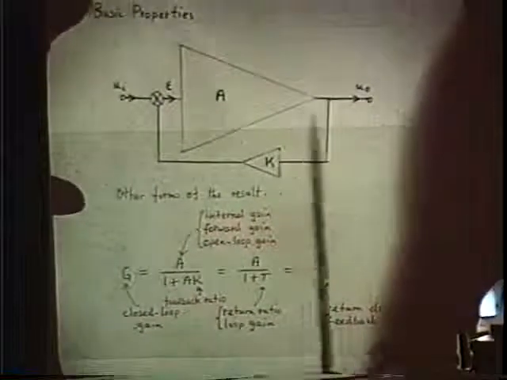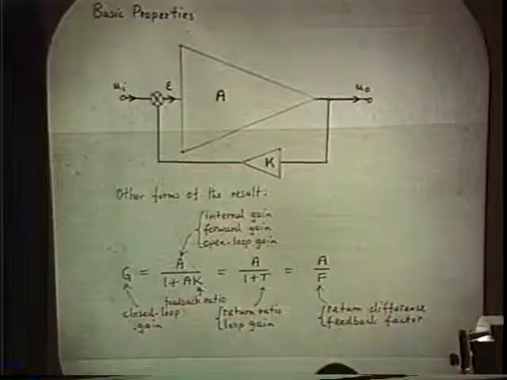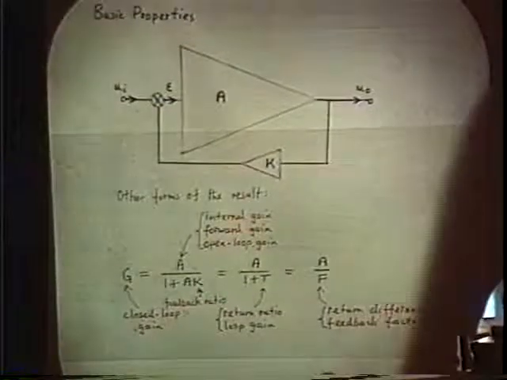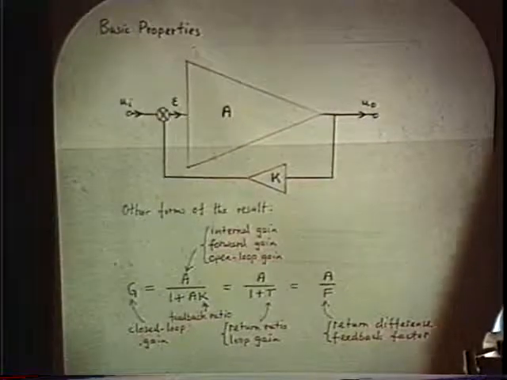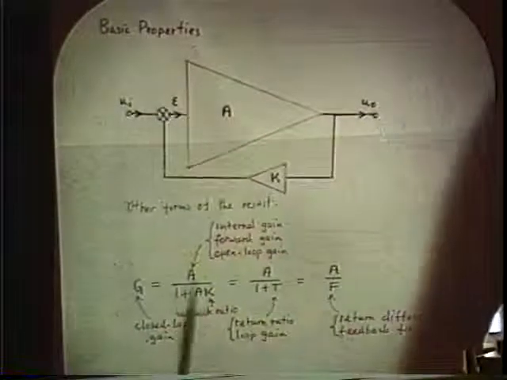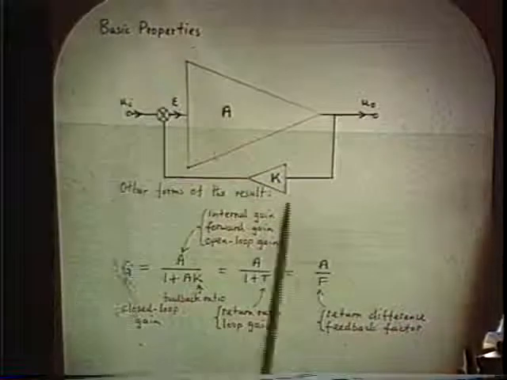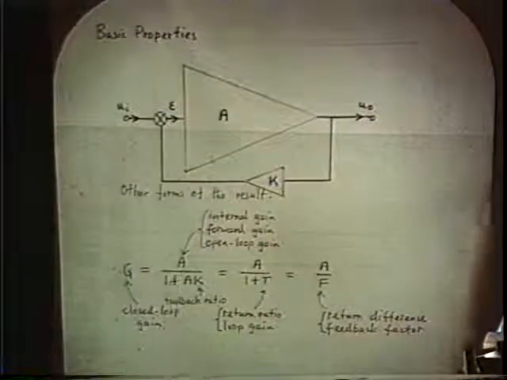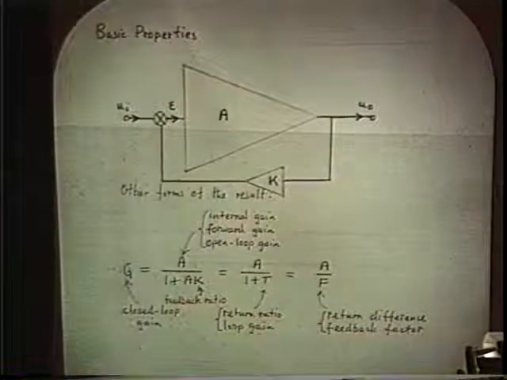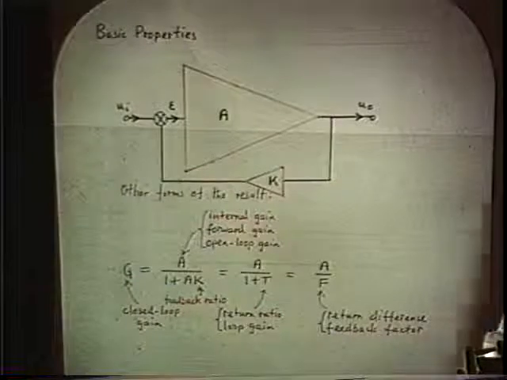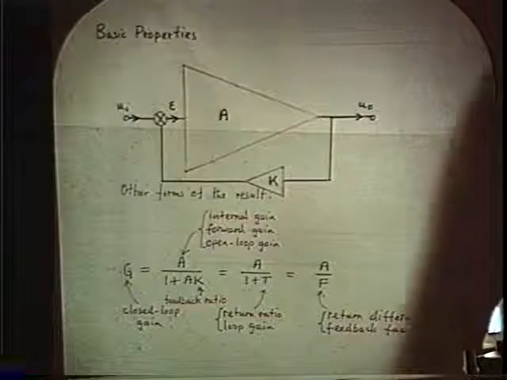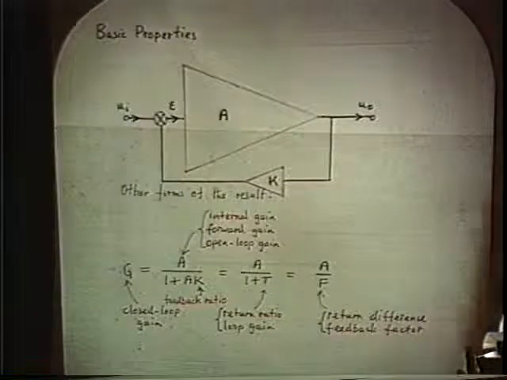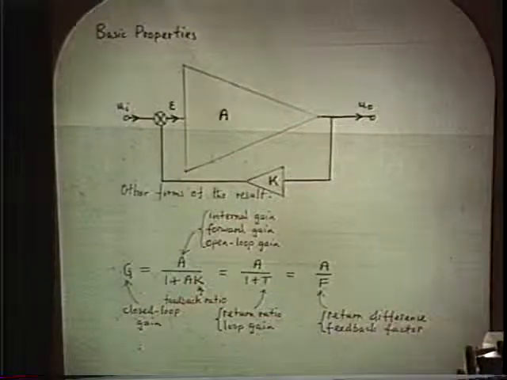It's lousy because the usual approach to analysis is you yank the feedback loop off and you calculate A. And you calculate K directly from the feedback path, and you plug into this equation and you calculate G. And the trouble with doing that is you get the wrong answer. Often.